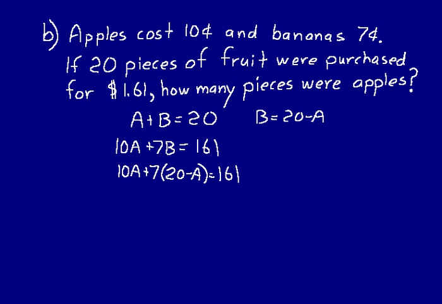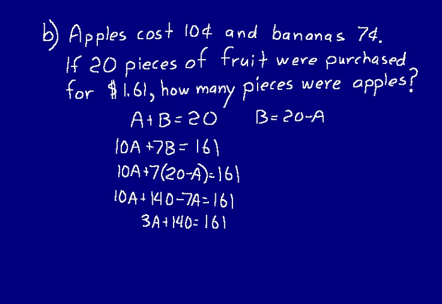So now we have one equation with just one unknown, apples. And now we can solve for apples. 10A plus 7 times 20 is 140 minus 7A is equal to 161. Simplify on the left, and we would have 3A plus 140 equals 161.